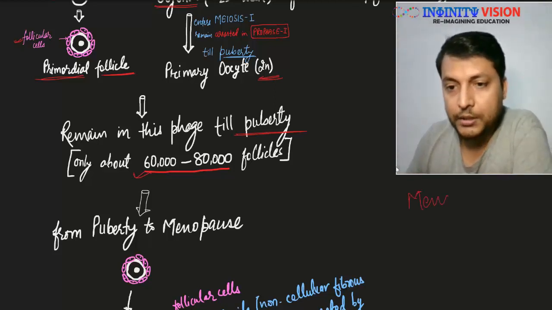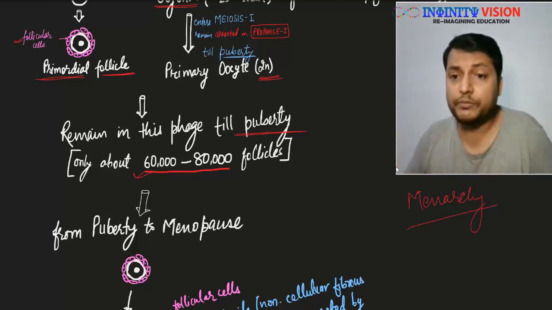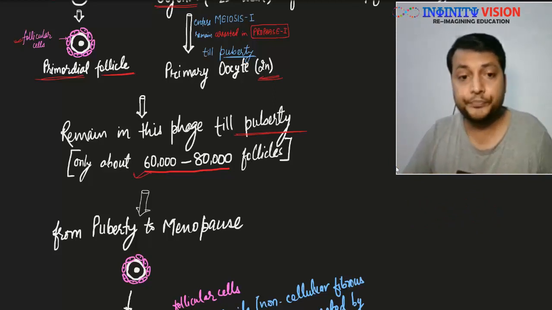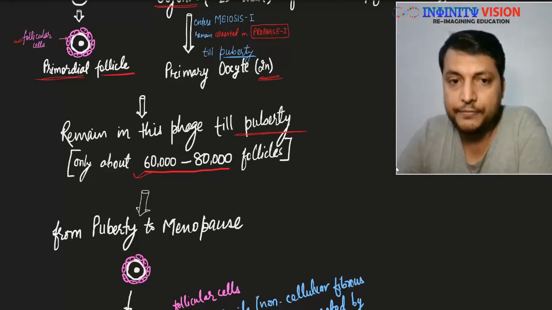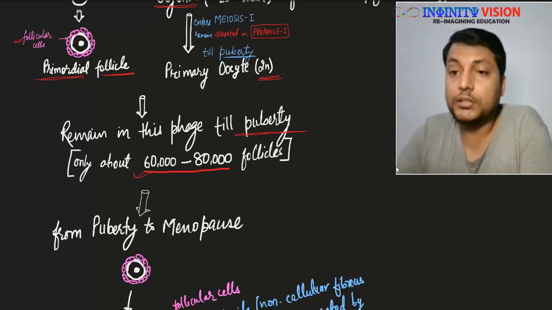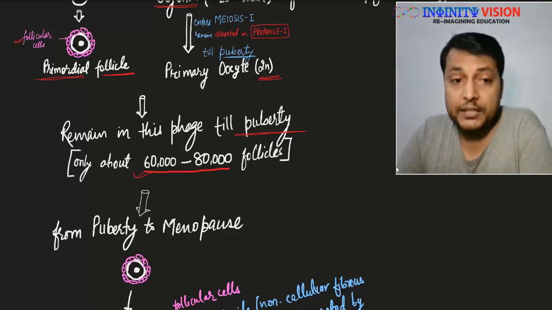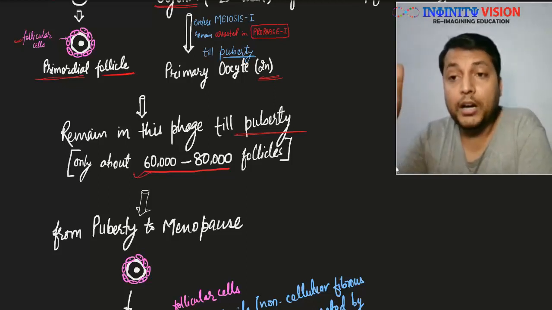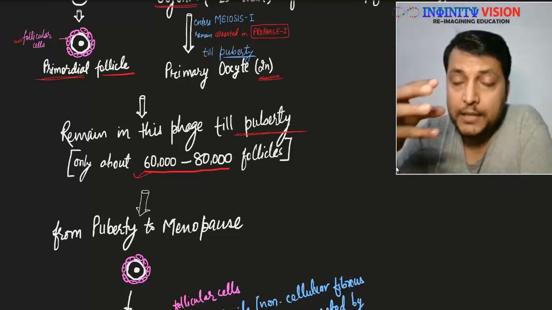This we will see later once we study the menstrual cycle, but I hope you all know from class 10th that the first menstrual cycle of a female's life is called menarche, and the time when it ceases is called menopause. Correct?